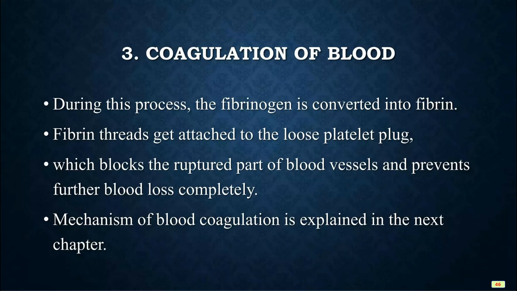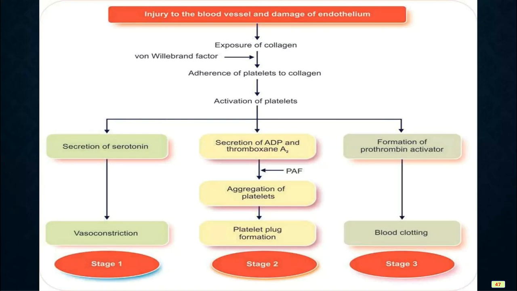And the final mechanism, the mechanism of blood clotting, is explained like this. Whenever there is an injury to the blood vessel and damage to the endothelial system, immediate exposure of the collagen to the air will happen, and due to the von Willebrand factor, there will be adherence of platelets to the collagen.